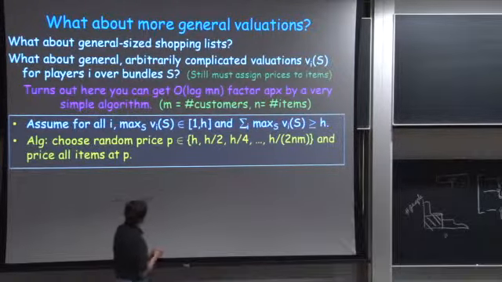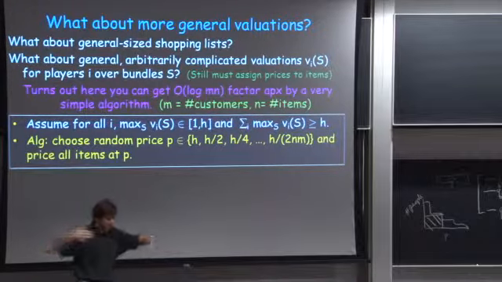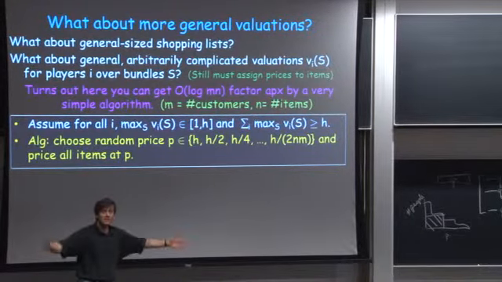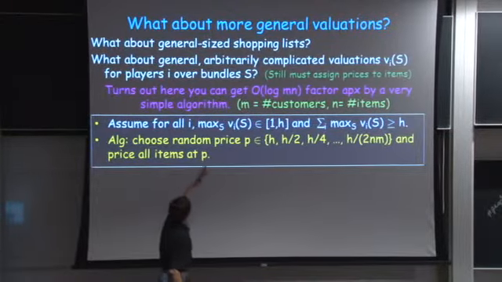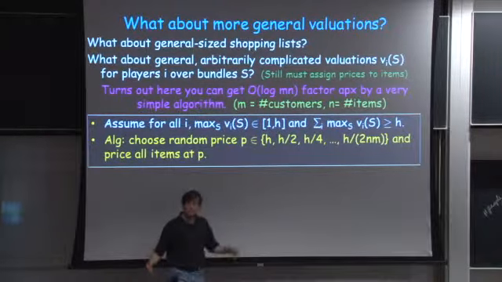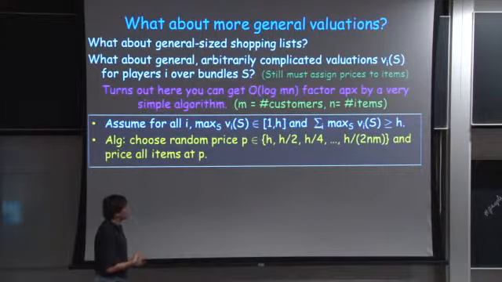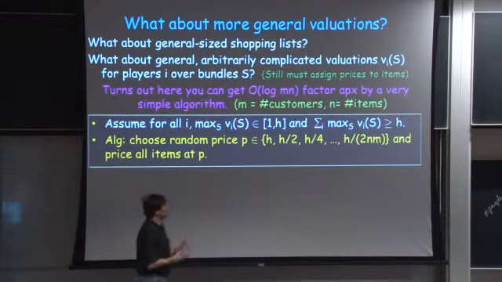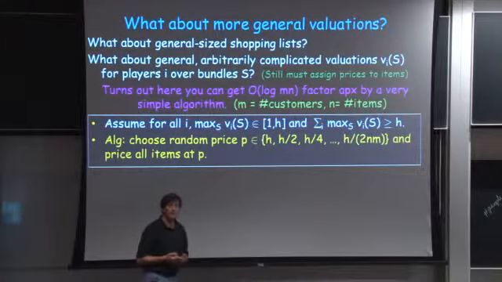So h is the highest amount that anybody is willing to pay for any set of things in the store. It's the max over all i of the maximum value of their subsets, which is at most h. And furthermore, h should be known, and there should be at least h amount of total social welfare in there.